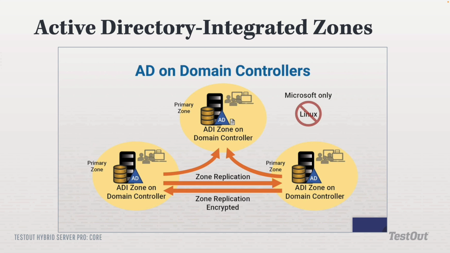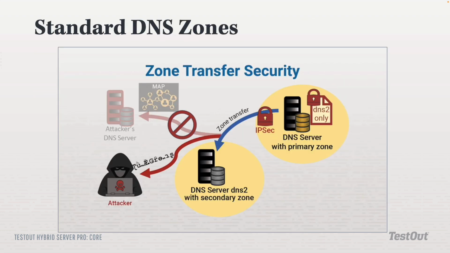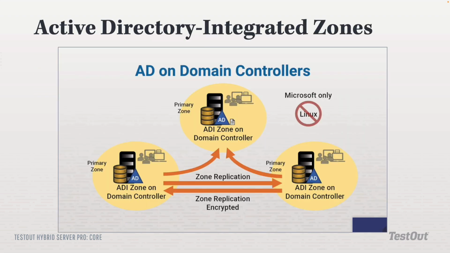Okay, so we can see here, in this last one where the attacker was there, it was not encrypted, so that traffic was going across, so they could potentially poison that traffic that way. When we have Active Directory, those zone replications where they're passing off that information are all encrypted.